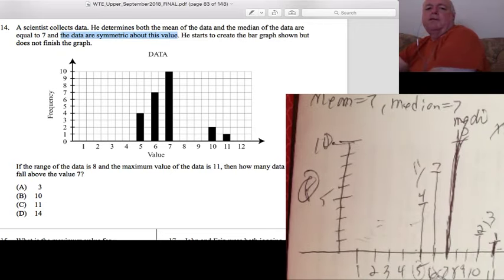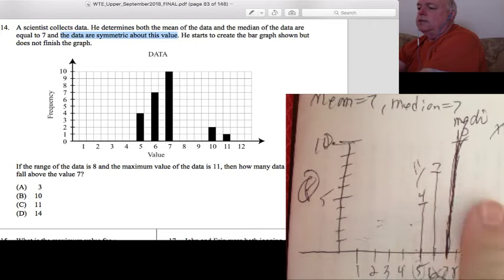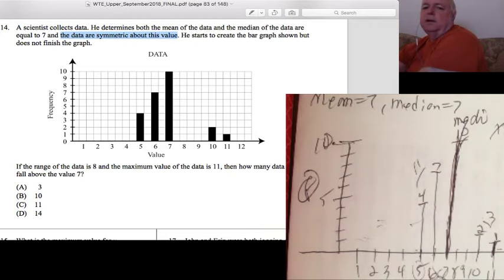The median 7, and the data are symmetrical about this value. Oh, that's what they're talking about. So the data is symmetrical. In other words, that's the part that's not filled in. He starts to create a bar graph, but does not finish. So he didn't do the symmetrical parts. So if the range of the data is 8, and the maximum value is 11, so this is max.